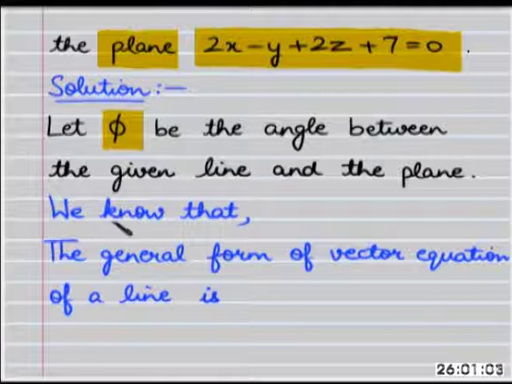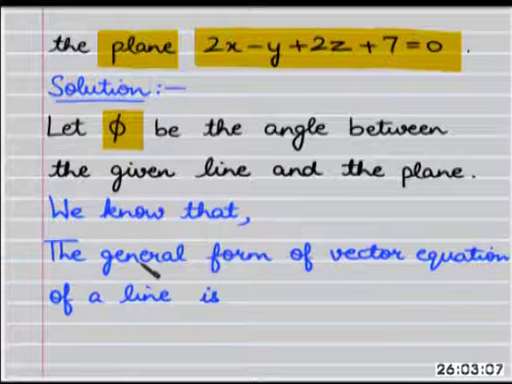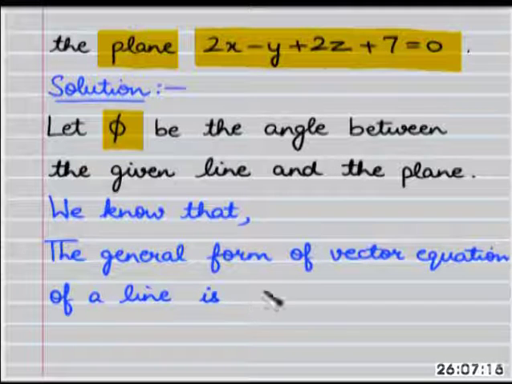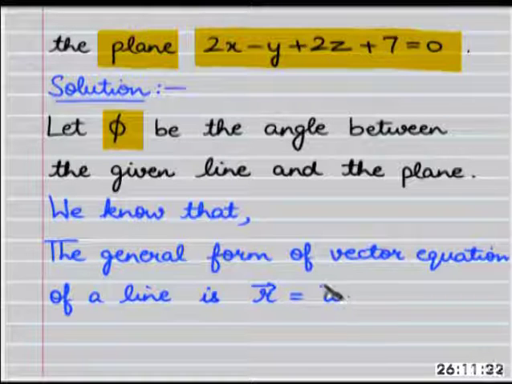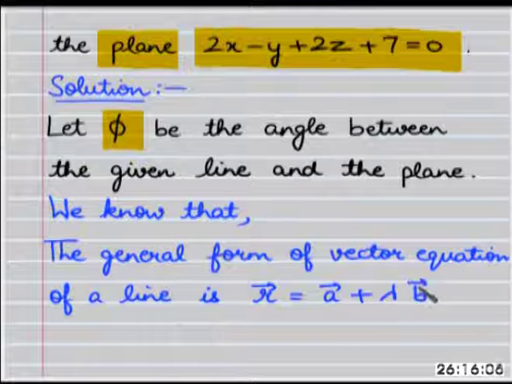Now, as we know that the general form of vector equation of a line is vector r is equal to vector a plus lambda times vector b.